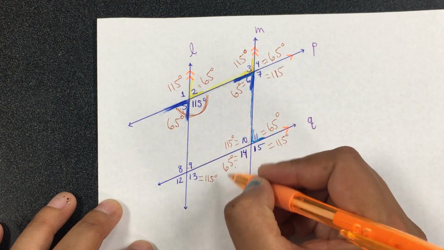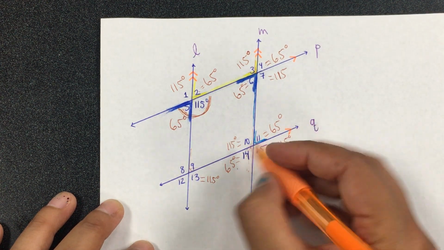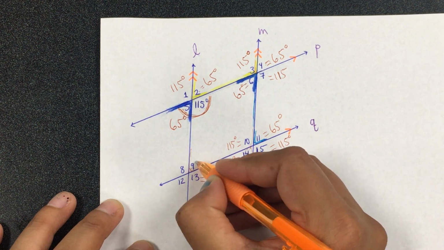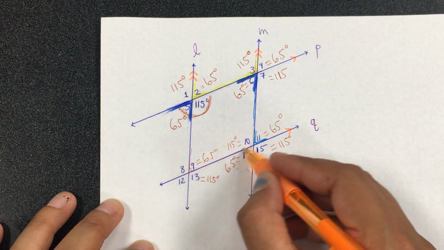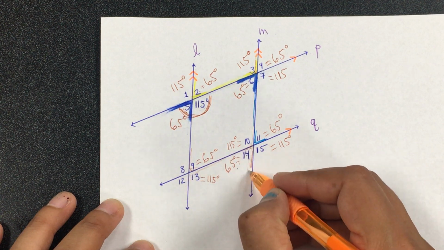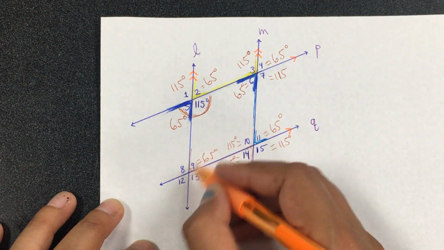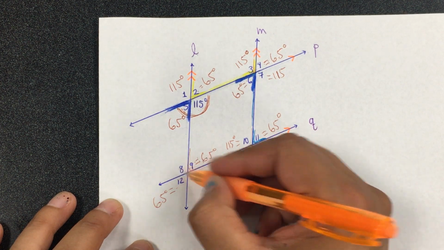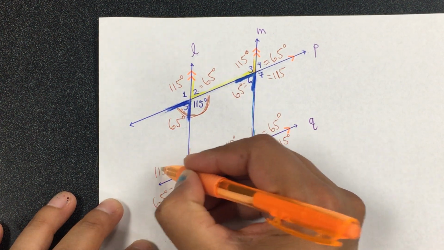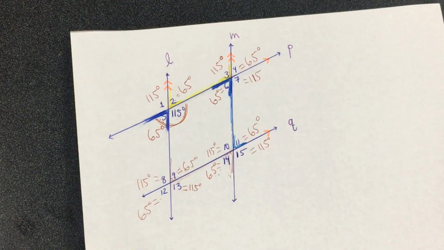Another C, or we can have alternate interior angles, which are congruent. 65, so 65. Okay, letter C, Z, they are congruent. Vertical angles are congruent, and then vertical angles, they are congruent. So this is pretty much using some of the knowledge that we have from previous lessons.